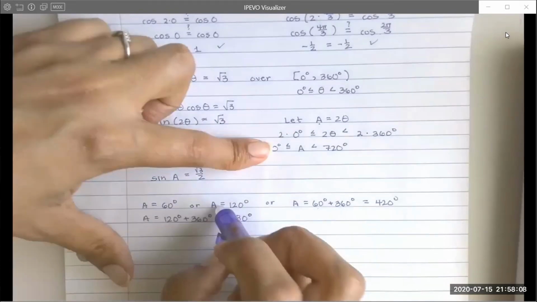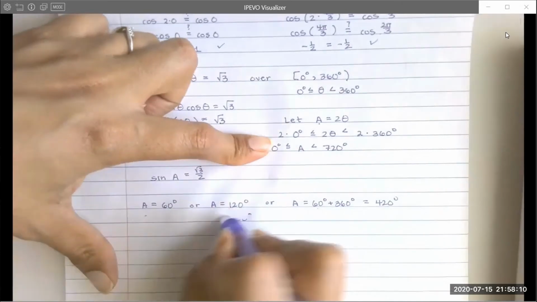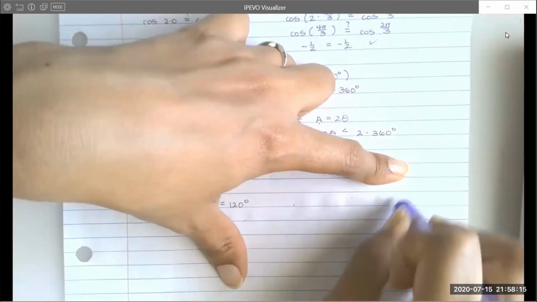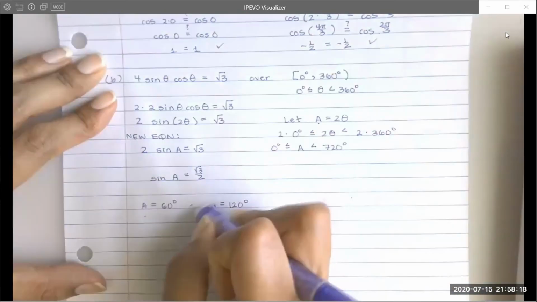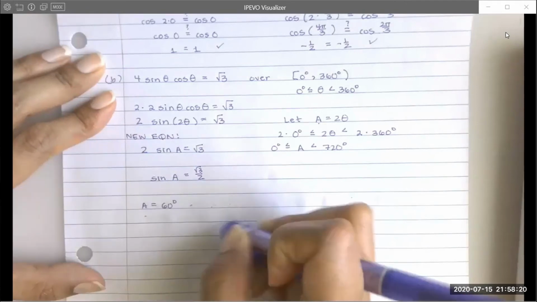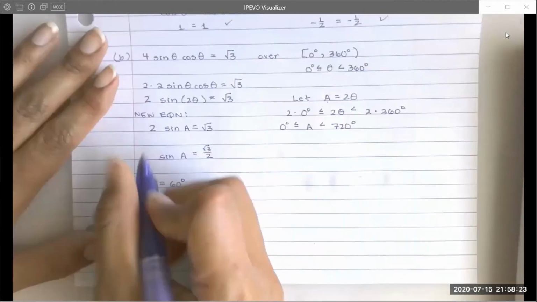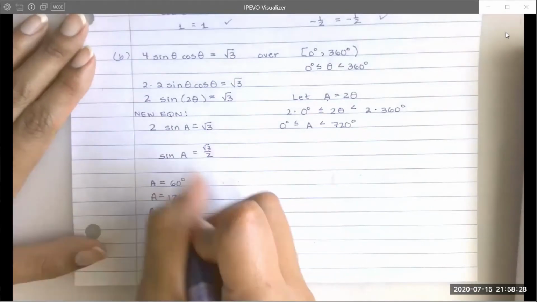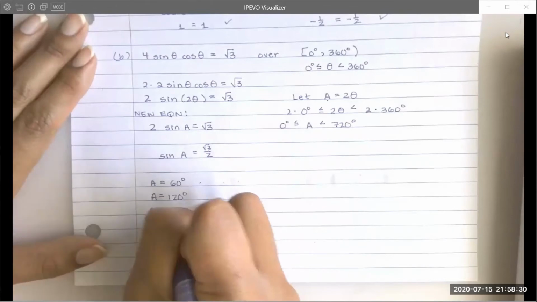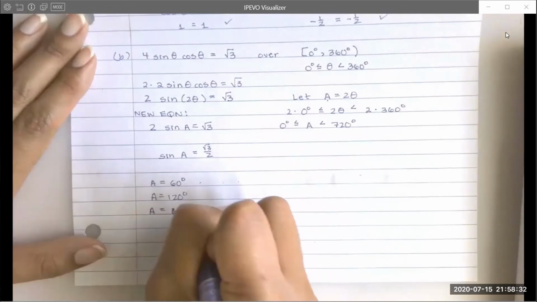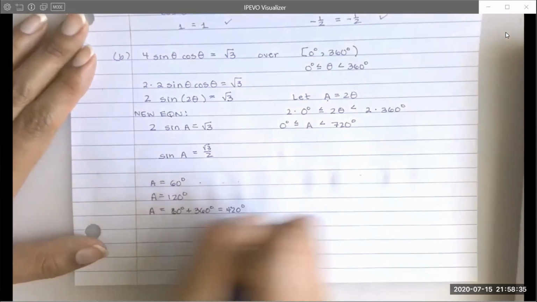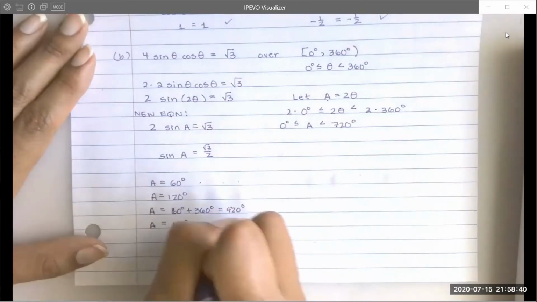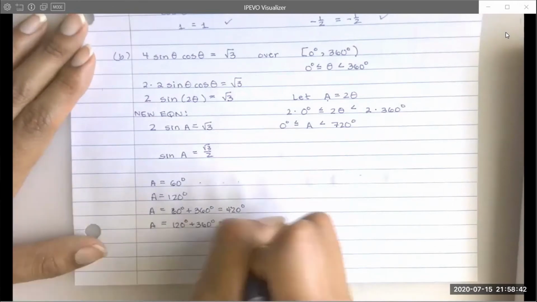So A was 60, 120, then the angle coterminal to 60, which was 420, and the angle coterminal to 120, which was 480.